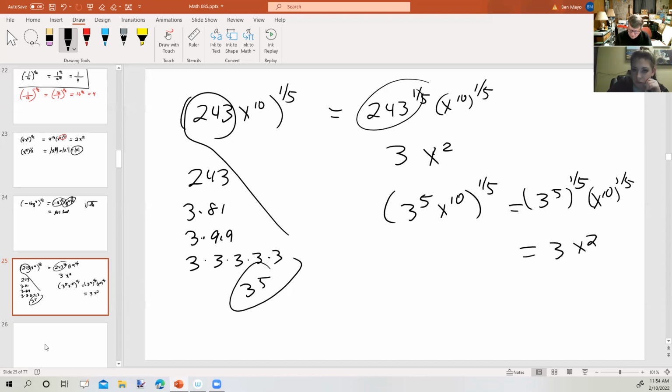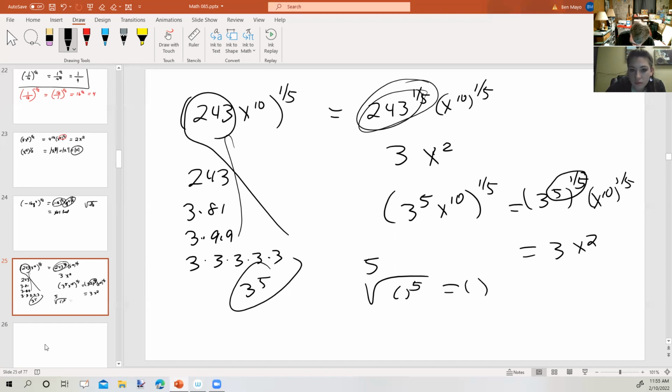Now, my guess is you'd prefer to do it on the calculator, but I'm just pointing out that you could break it down into prime factors. And again, 5 times 1/5 is 1. So taking the 5th root of something to the 5th power, you're going to get the something.